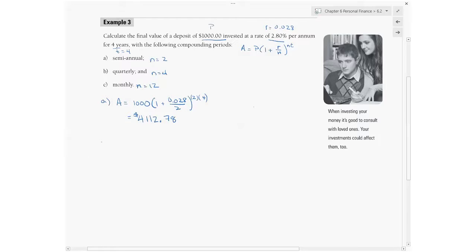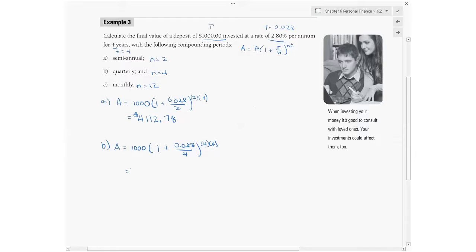Now let's see if it's compounded 4 times a year, so quarterly. Everything is going to be the same except for this 2 and this 2 are now going to be 4s. So this is 1,000 times 1 plus 0.028 divided by 4, and this is 4 times 4, so that's going to be 16 up here.